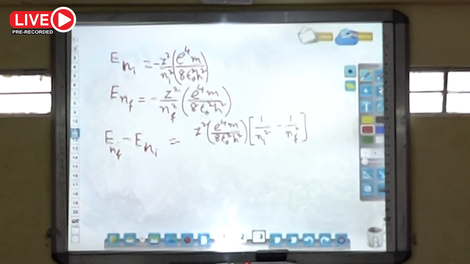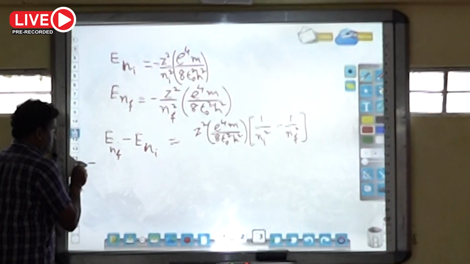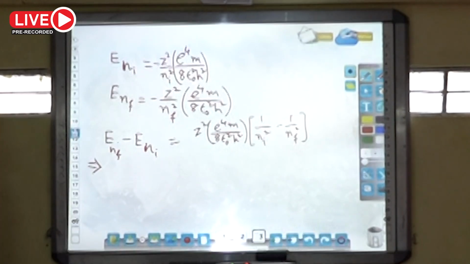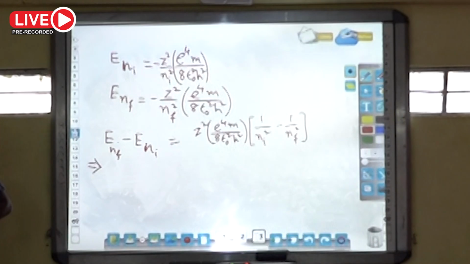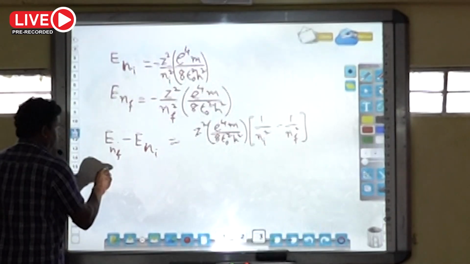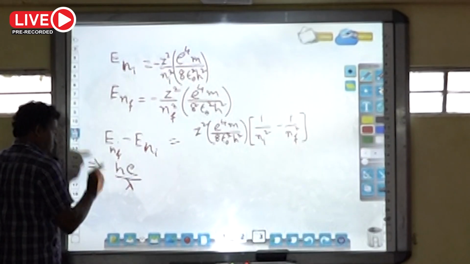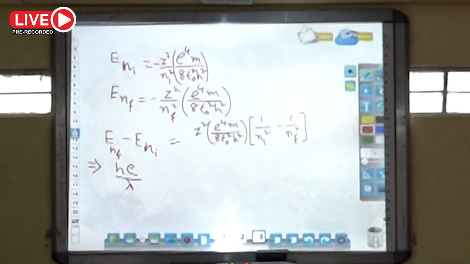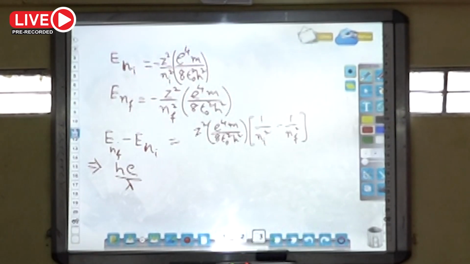Okay. Now if I consider that Ef minus Ei is an integral multiple of h nu, it can be written like this. h nu, it can be written as hc by lambda.